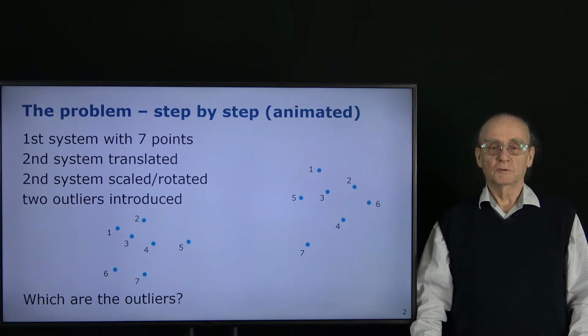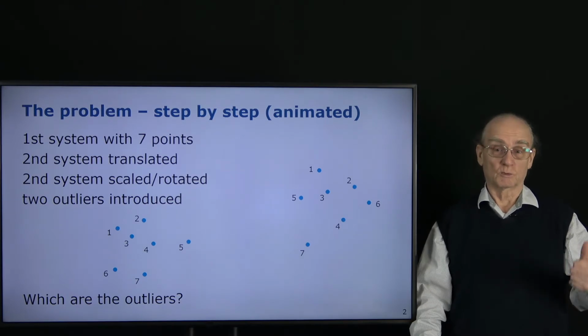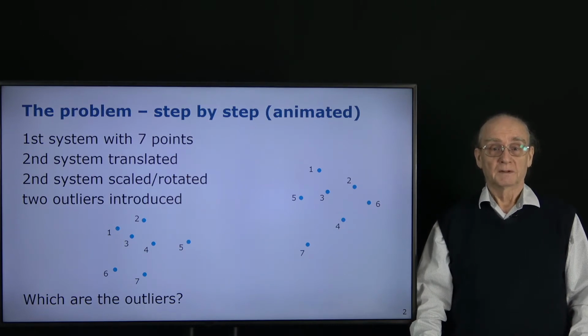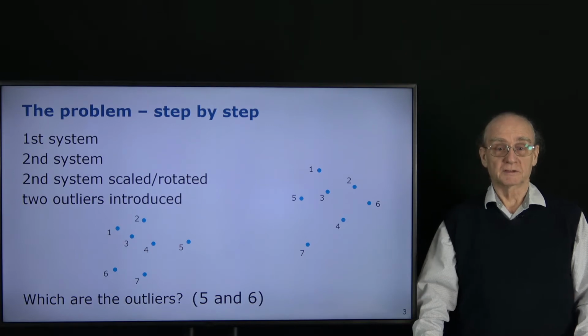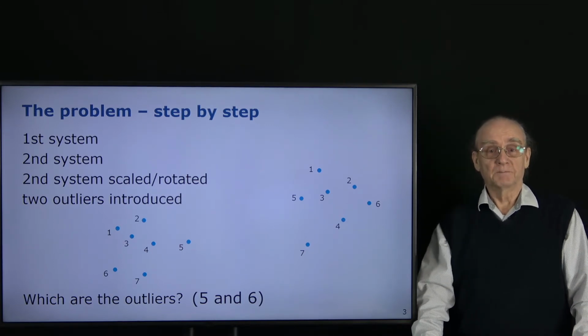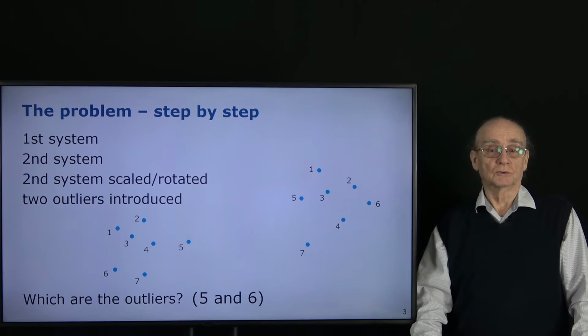And the question is, if you saw these 2 configurations, would you know which points are outliers? Whether there is 1 outlier, 2 outliers, 3 outliers. This is exactly the problem which we want to solve. Of course, we know from the generation process that it is points 5 and 6, but this is exactly what we want to find out by some automatic procedure.